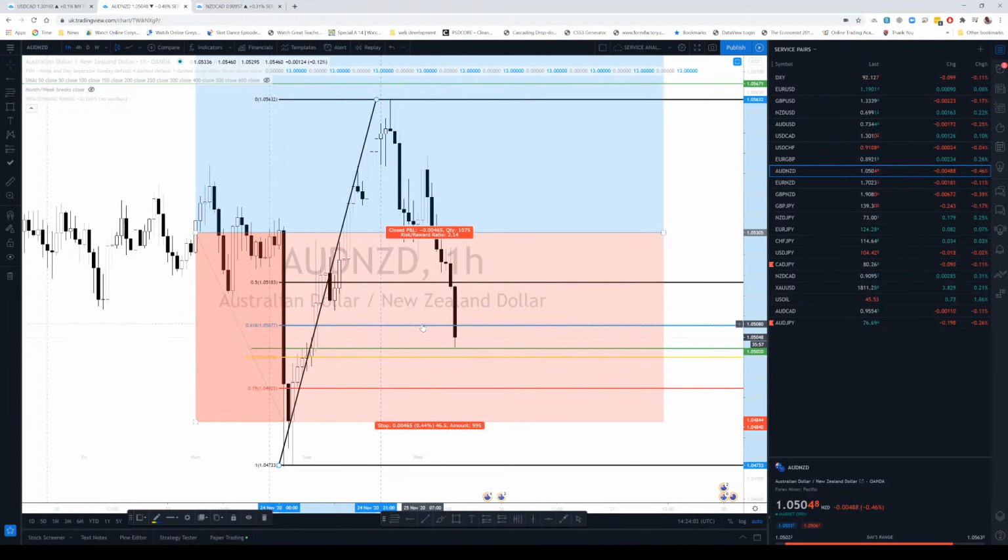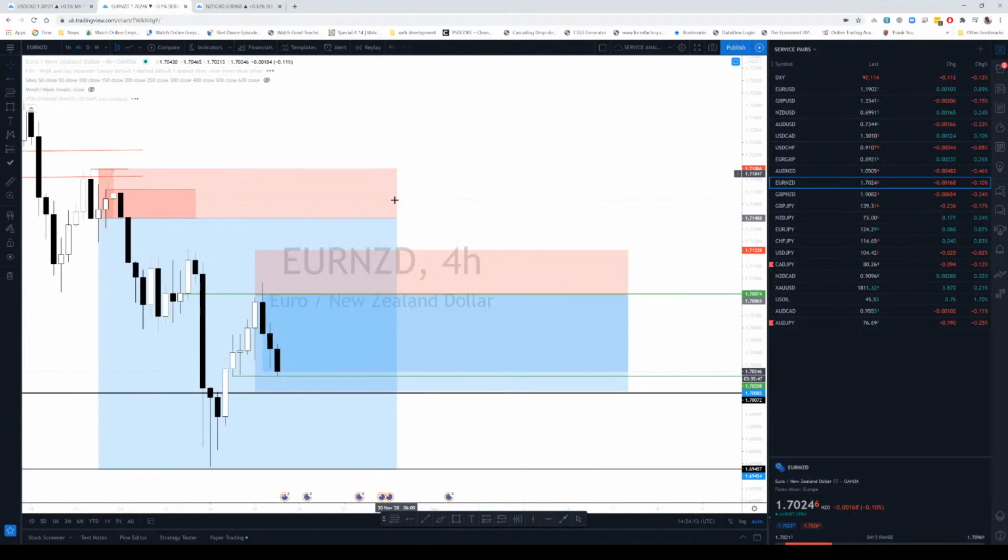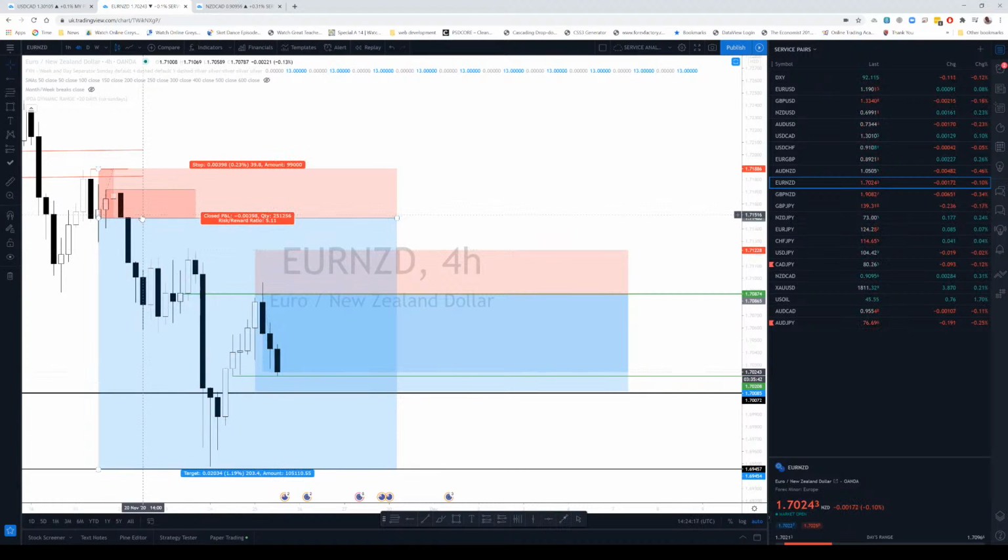Alright, so that is Aussie, New Zealand. Euro, New Zealand: this morning I gave them this trade, selling short. Initially I was expecting a run above this high to come up here, but it didn't, and I saw that this last up candle did take out some stops here.